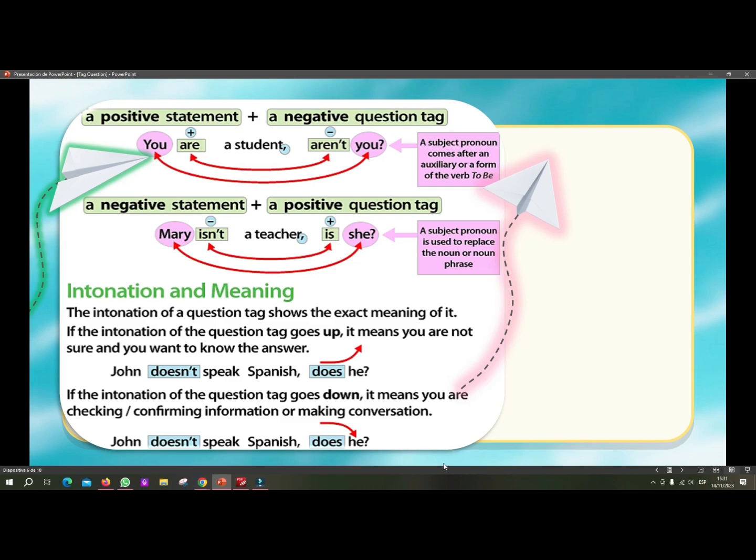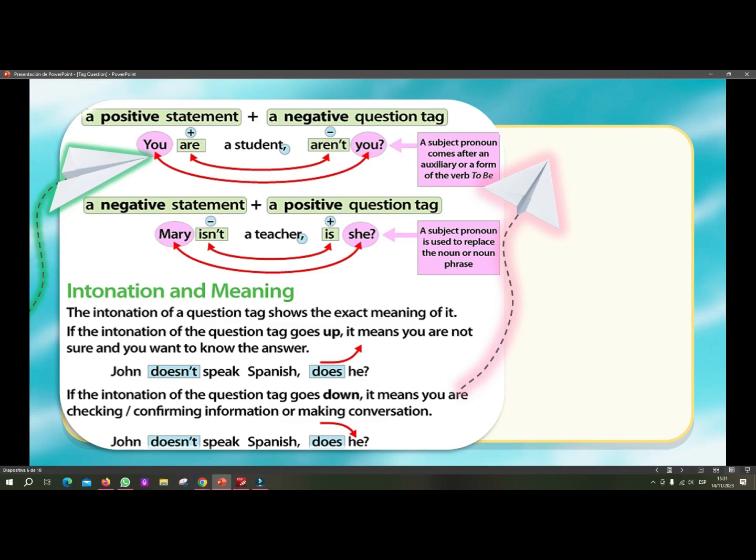So be careful with that, because those examples have a different meaning. If the intonation goes up, it means that you don't know the answer, right? You are not sure about that. But if the intonation goes down, it means that you are just checking or confirming the information that you are receiving in that moment, right?